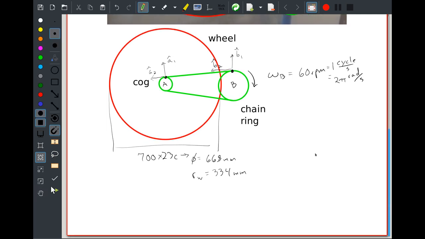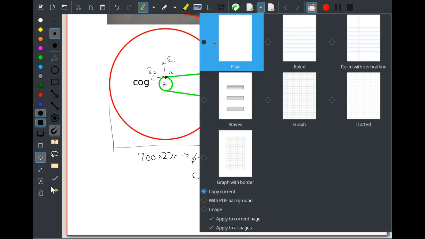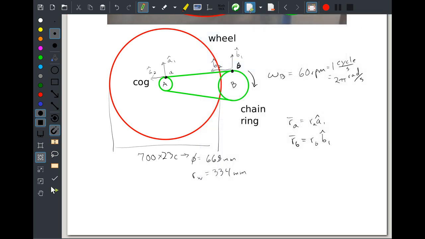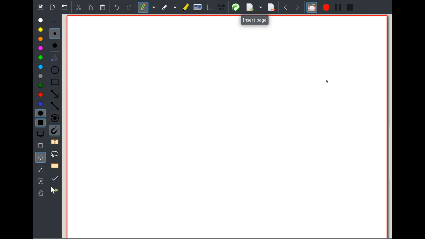So if I want to describe the position, I'll call that A, and I'll call that position B, or maybe little a and little b. So the position of A is equal to the radius of that cog times A1, and the position of B is the radius of the chain ring, so RB times B1.